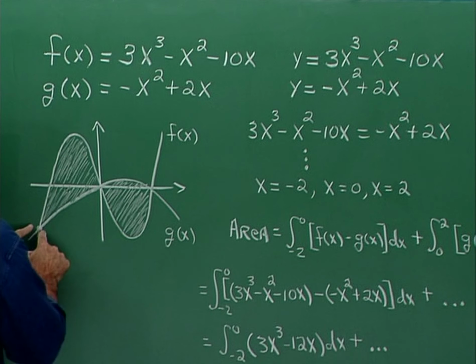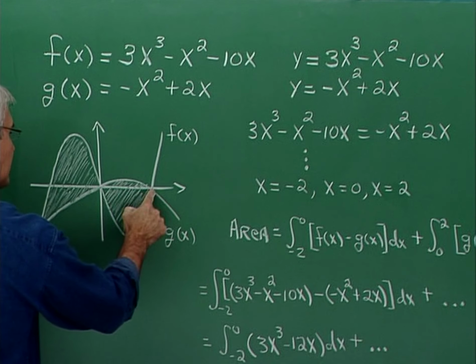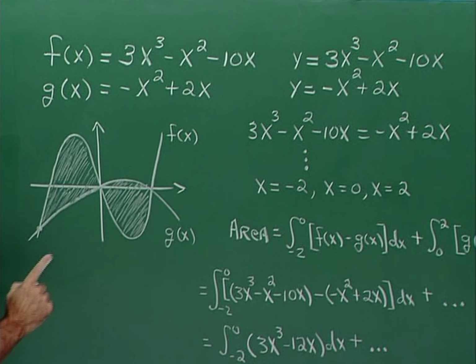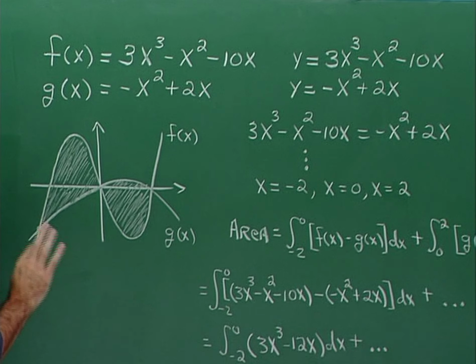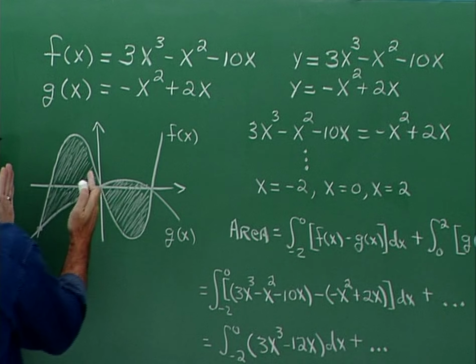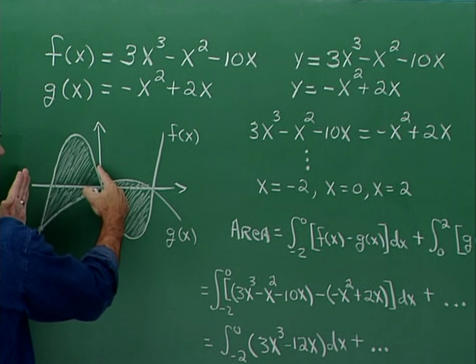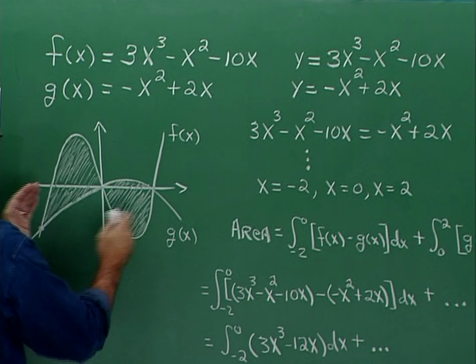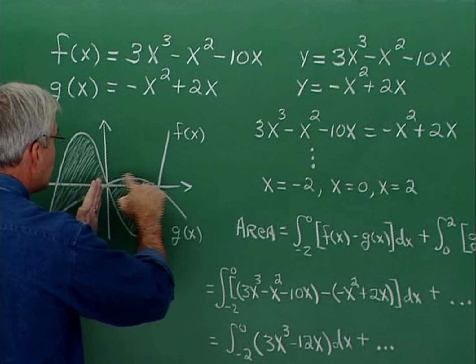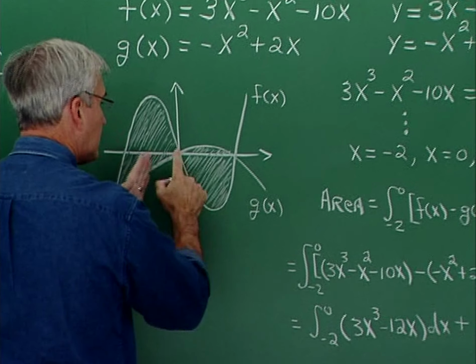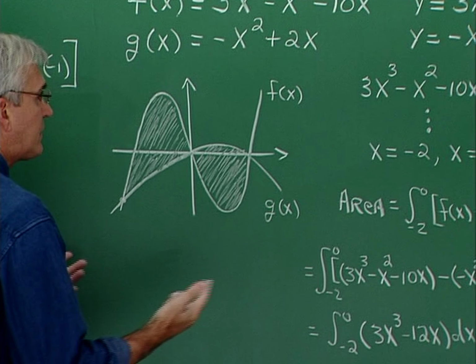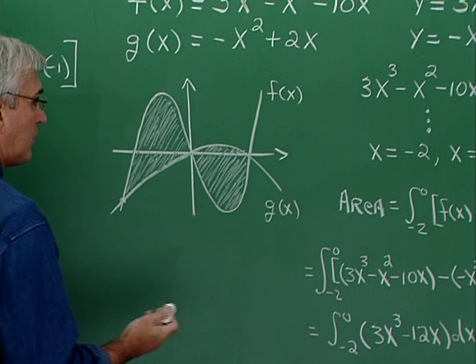Now they intersect at this point, at this point, and at this point. So we need not only those points of intersection, but we need to be careful that in this interval, the upper function is the f function, the lower function is g. But in this interval, the upper function is the g function, and the lower function is the f function. So we have to take that into consideration as we go through the problem.